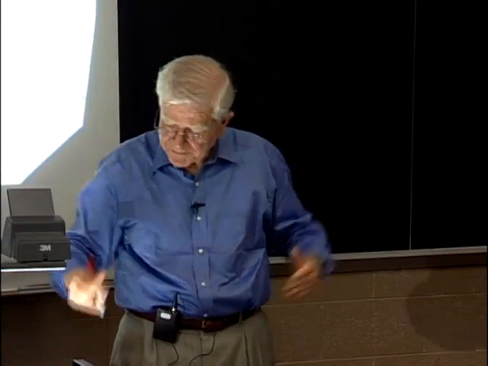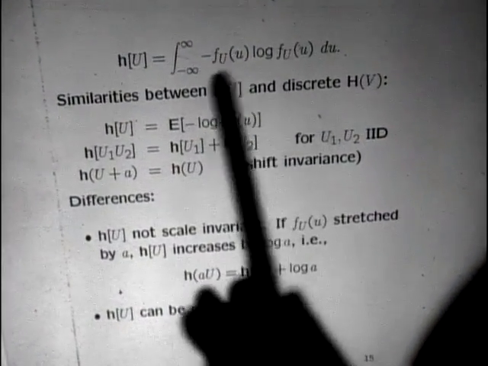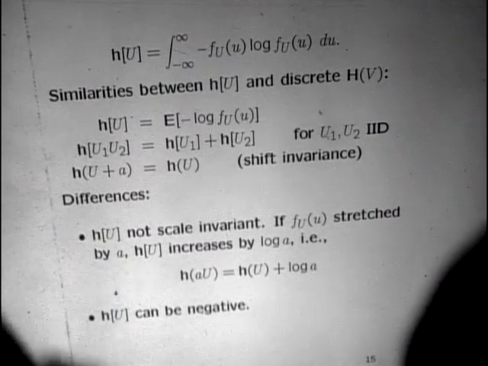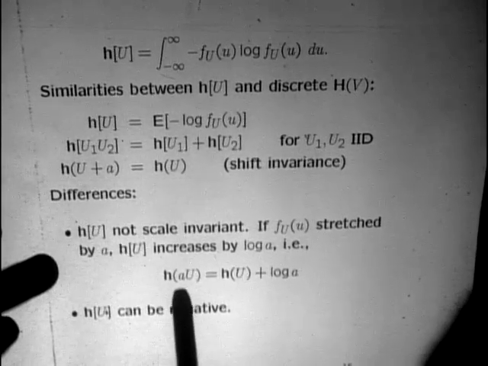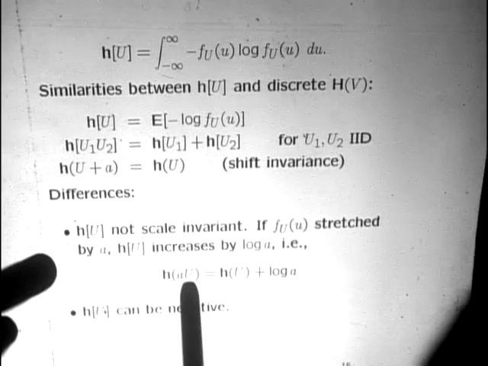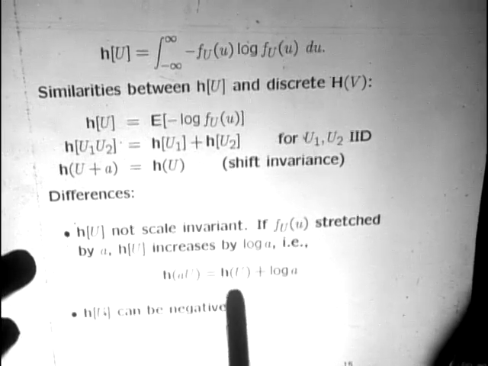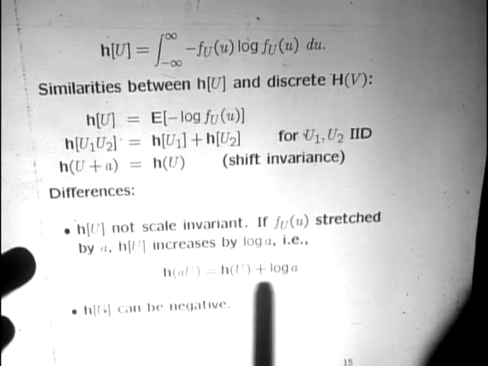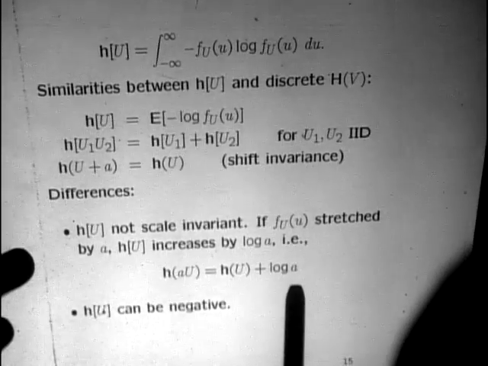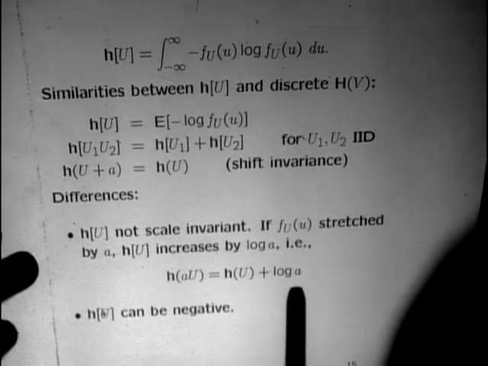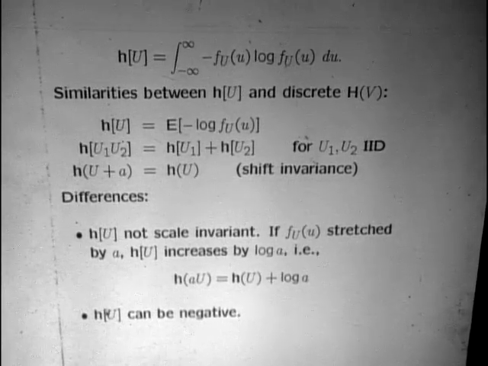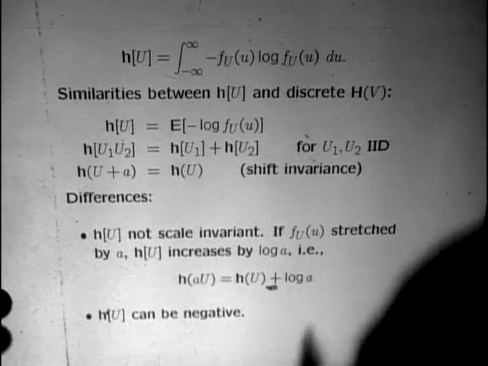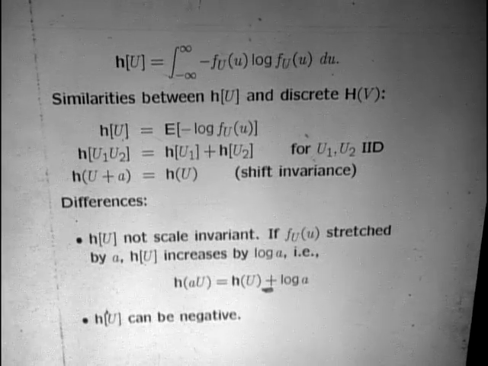But the log of the PMF has this extra term which comes in here, which is a factor of A. And it turns out you can just factor that factor of A out, and you wind up with the differential entropy of a scaled random variable u is equal to the differential entropy of the original u plus log of A, which might be minus log of A. I'm not sure which it is. I'll write down plus or minus log of A. It's one or the other. I don't care at this point.